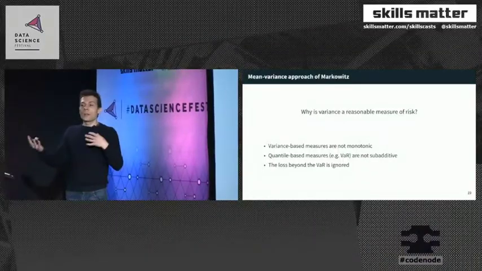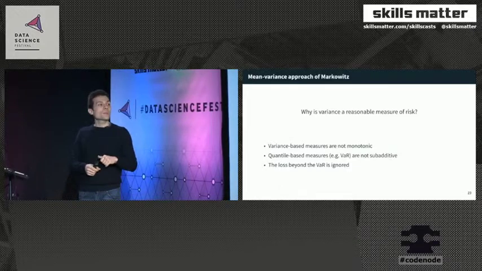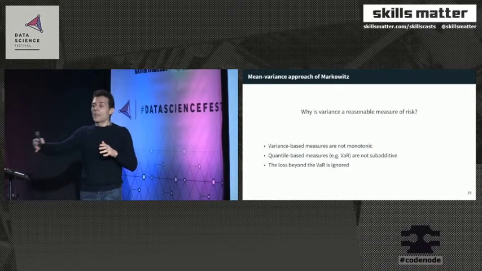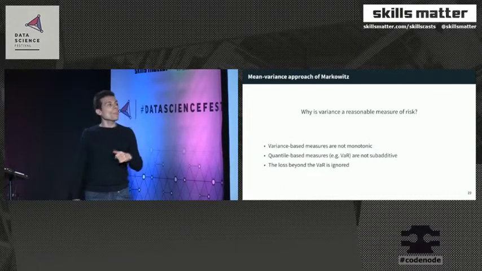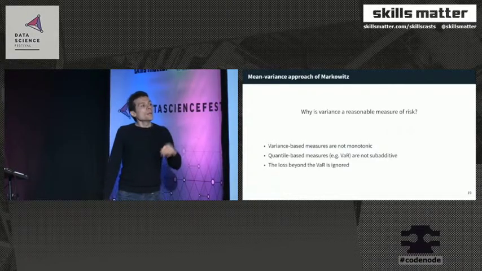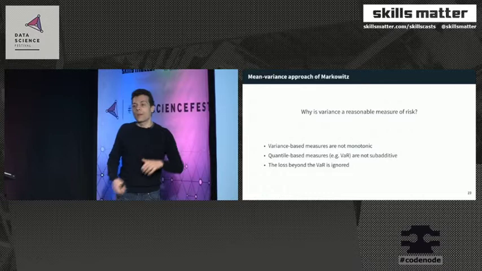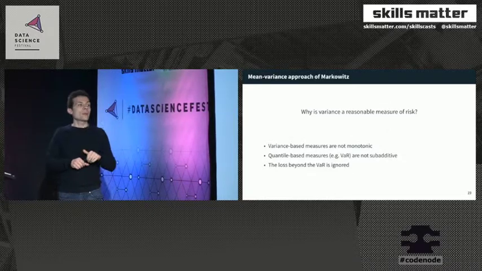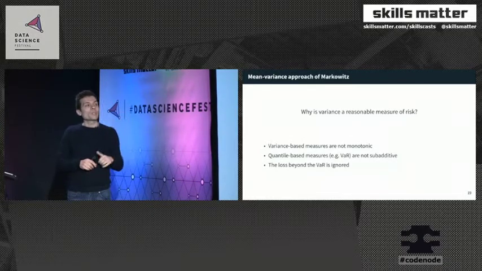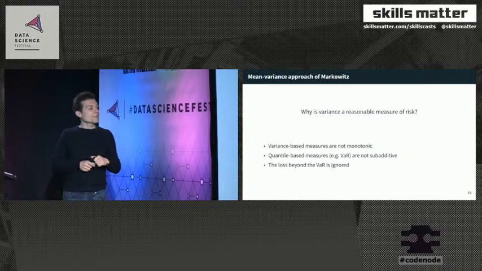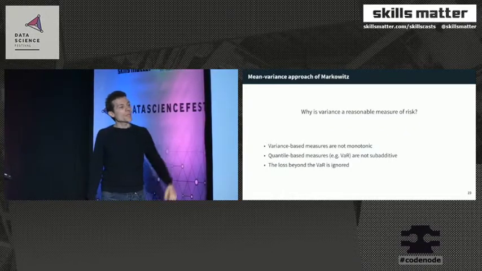Variance-based measures like the straight variance that we used there are not monotonic, meaning that if you put together two assets, suddenly the variance, or the risk, as we can call it, doesn't necessarily add up, as you would expect. So some other measures have been proposed. Some are quantile-based, for instance, value at risk, but they're not subadditive. And all these properties have reasons to exist, which are outside the scope of today.